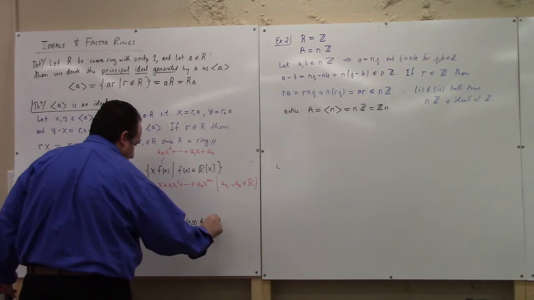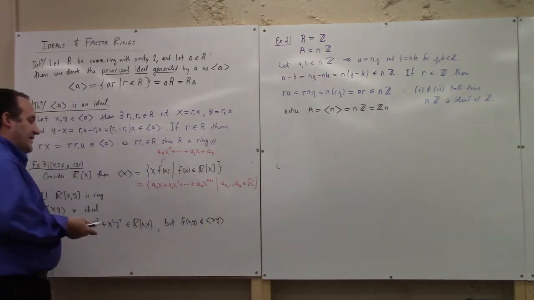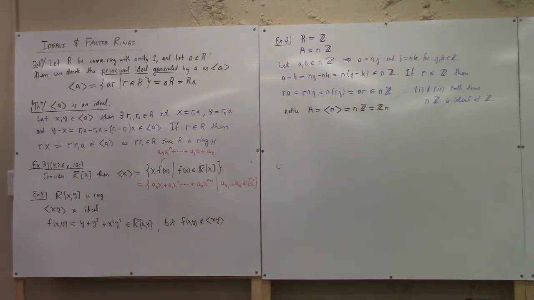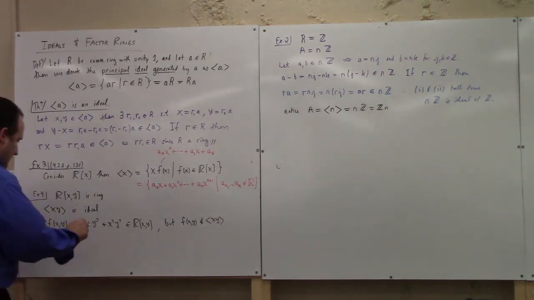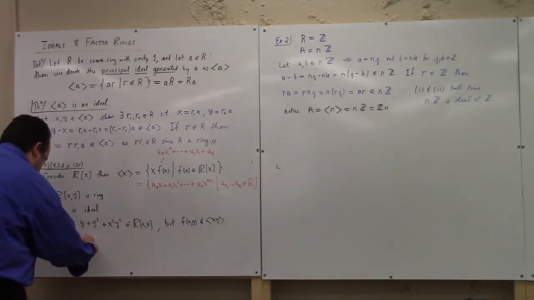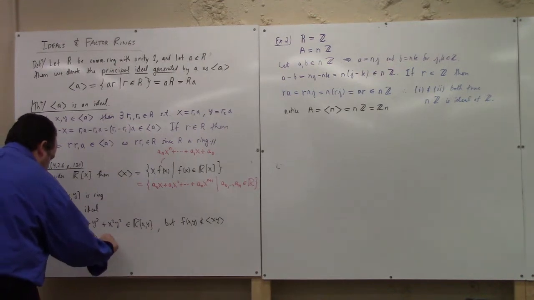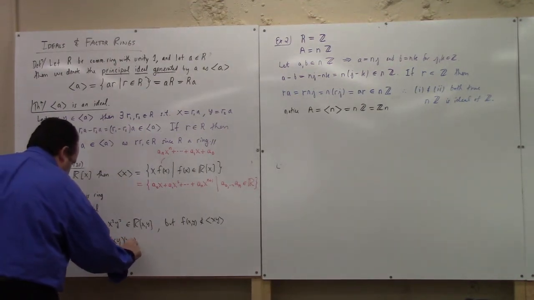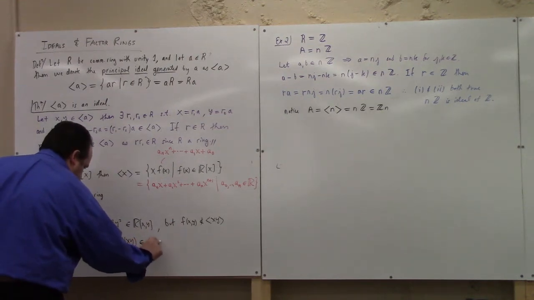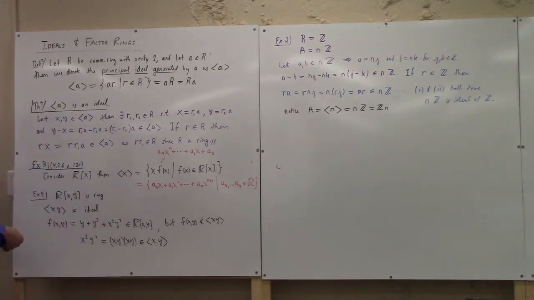The ideal generated by xy has to be multiples of xy, essentially: xy times something else. In contrast, x^2 y^2, which of course is xy times xy, would be an element of this ideal, because it's a multiple of xy.